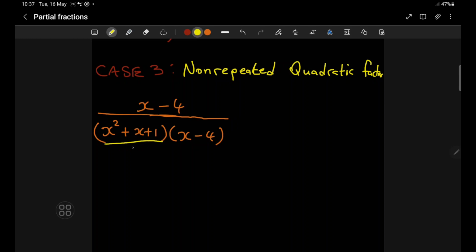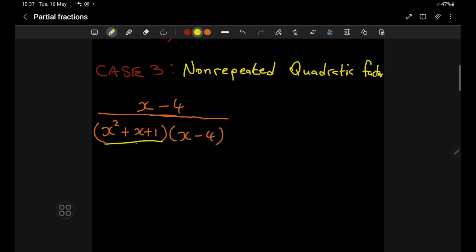It's irreducible, and it's a quadratic factor. So the decomposition takes a different turn from here. First, before you solve, you need to try to reduce the quadratic. If it fails, then you can apply the method we're about to look at.